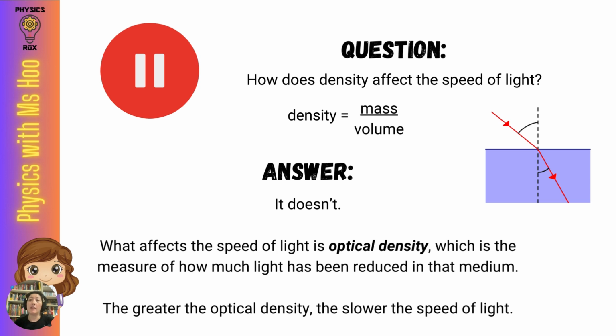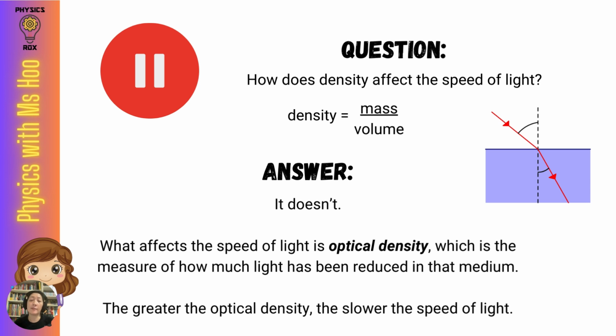If the material is opaque, then light cannot travel. So not all objects allow light to travel through them. So all objects have density, but not all objects have optical densities. That's an important thing to consider. Therefore, density has no effect on the speed of light.